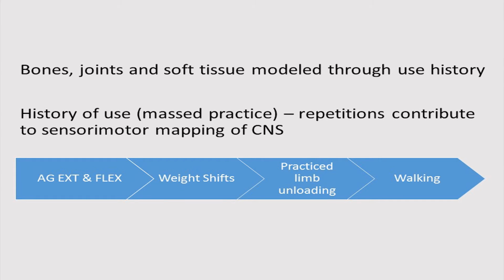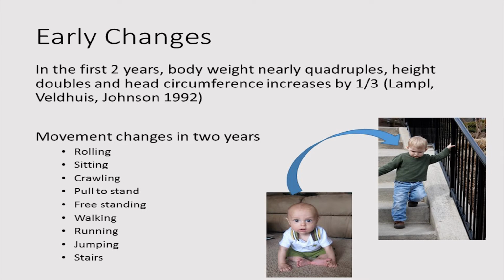So our bones, joints, and soft tissue are modeled through use history. And the history of use, or the mass practice, comes from those repetitions that contribute to the sensory motor mapping of the CNS. So starting at infancy with anti-gravity flexion and extension, moving into those weight shifts, practice limb unloading, and then into walking. In the first 2 years of life, the body weight nearly quadruples, height doubles, and the head circumference increases by 1/3.